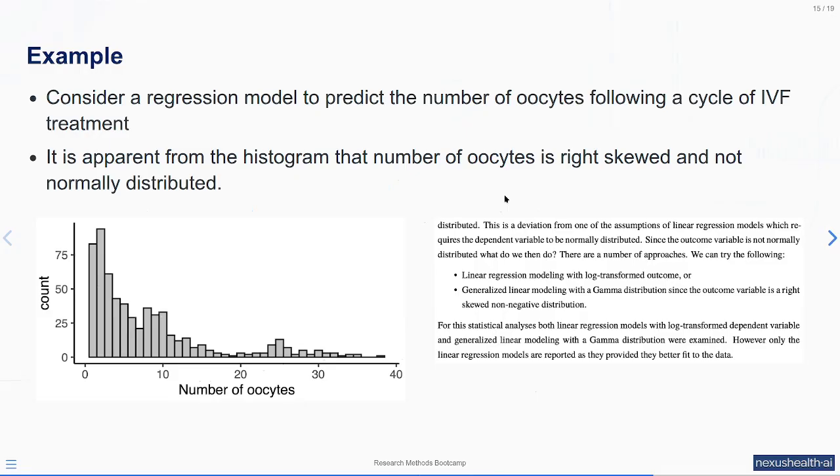So we've already talked about log transformation. Or generalized linear modeling with a gamma distribution, since the outcome variable is a right skewed non-negative distribution. So for this statistical analysis, both linear regression models with log transformed dependent variable and generalized linear modeling with a gamma distribution were examined.